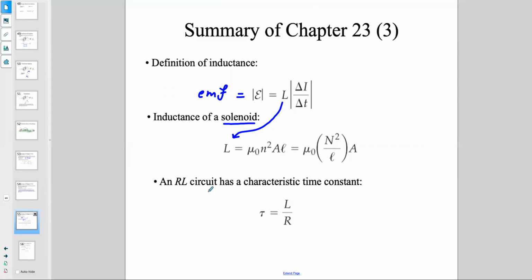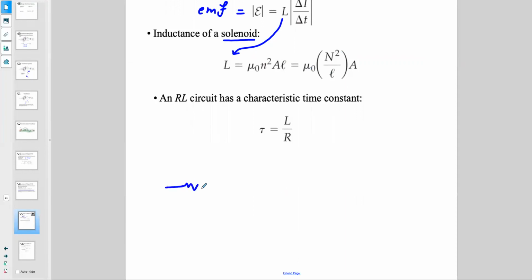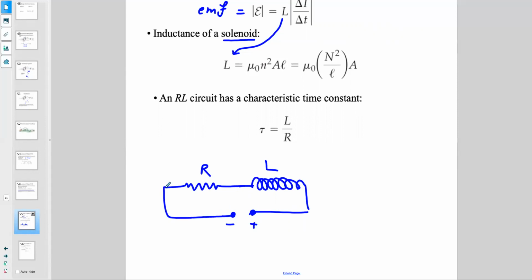And then for RL circuits, meaning that if you have a resistance and a solenoid, or L, inside your circuit, there is a time constant, tau, which is L over R. So tau is L over R, and this is the inductance, which is right here.